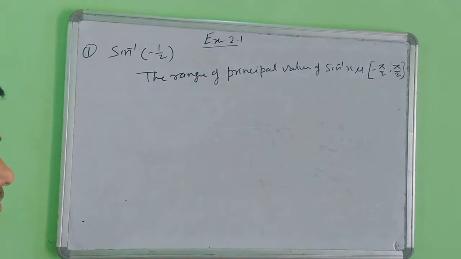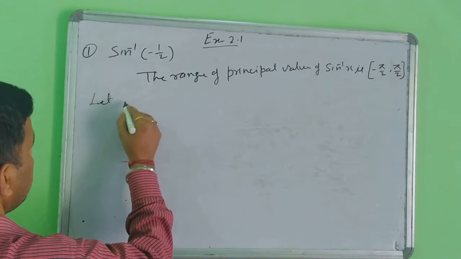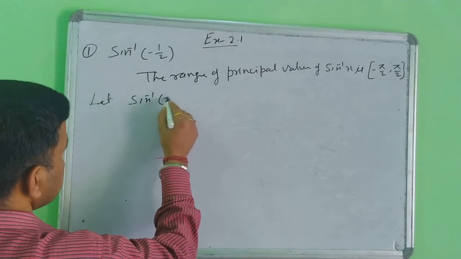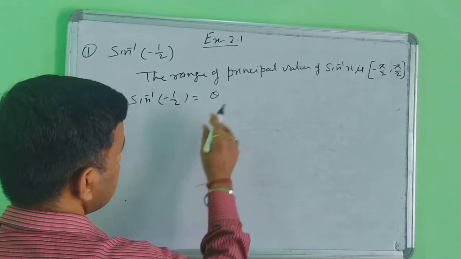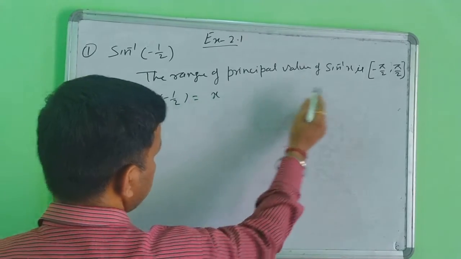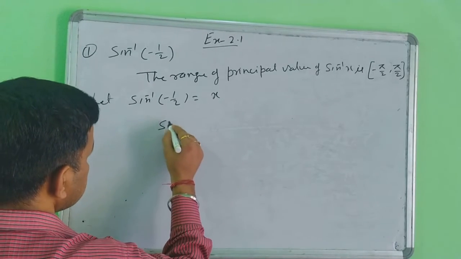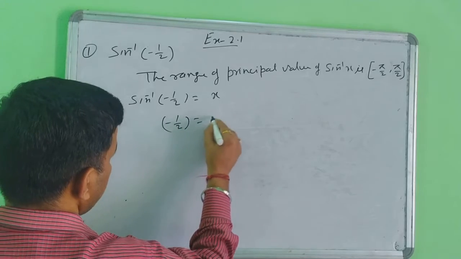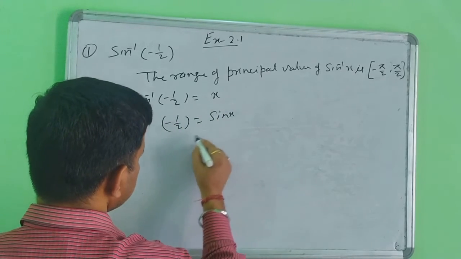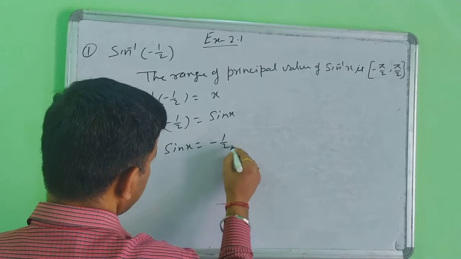Yes. After that you take the left side: sin inverse of minus 1 by 2 equals theta. Suppose I take x here, then you take x here. So sin inverse of minus 1 by 2 equals x, then you can write sin x equals minus 1 by 2.